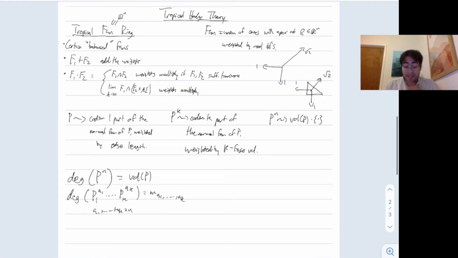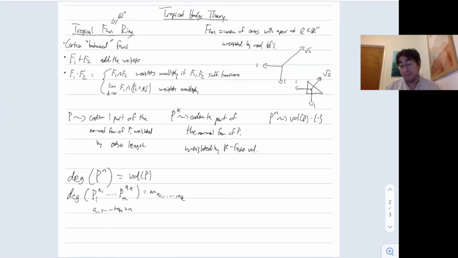Okay. So tropical Hodge theory. What is the point of making this ring?